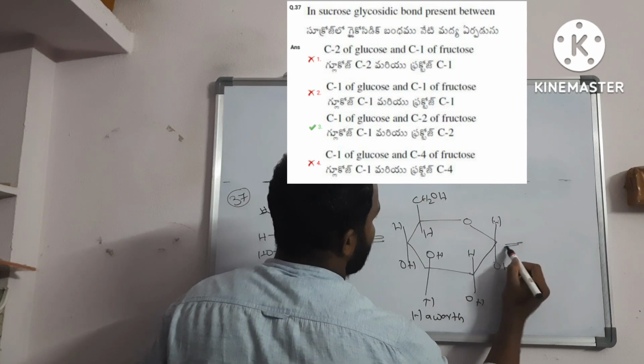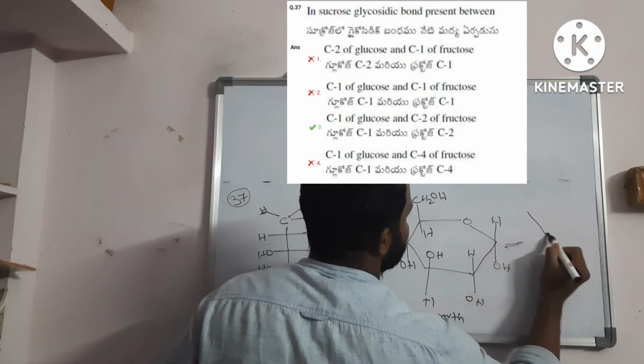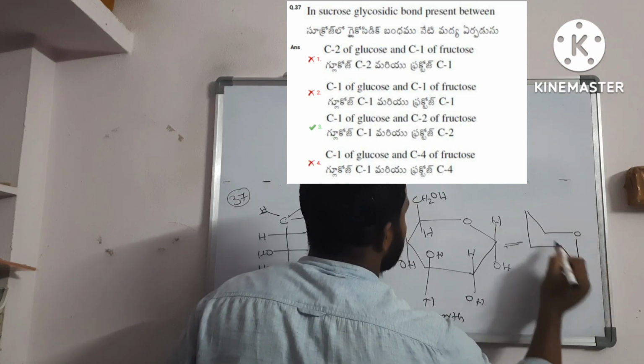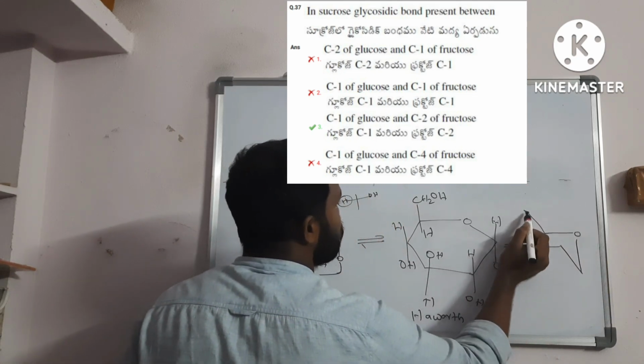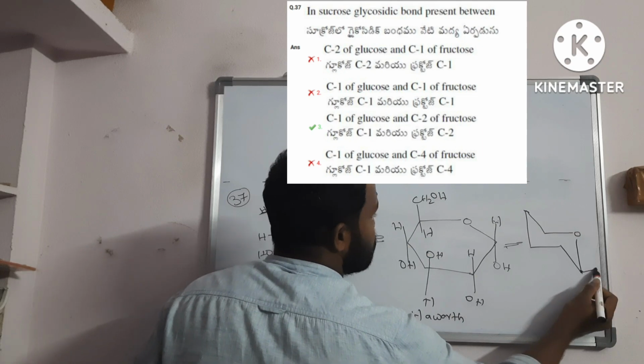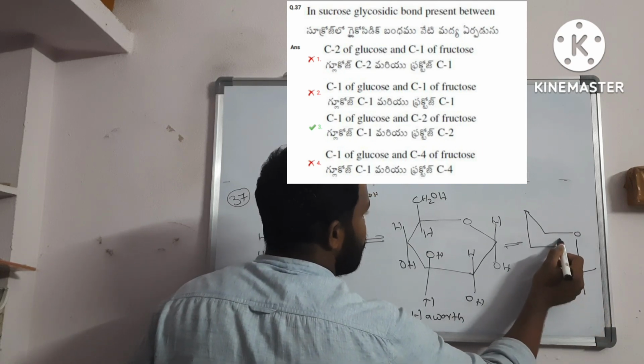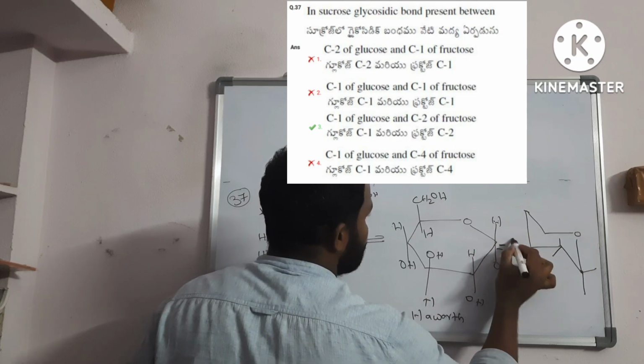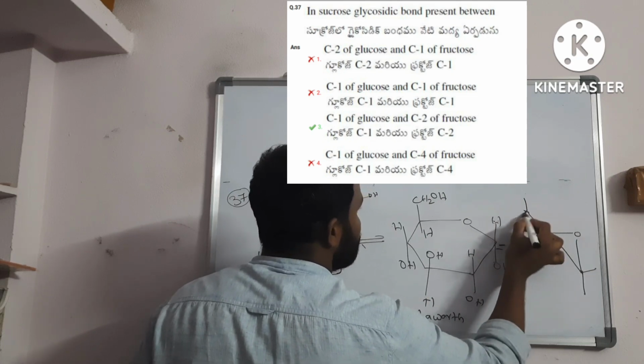If I write the structure in the form of a cyclic model rather than the chain model, this is the cyclic model. This is axial, equatorial. Here also you will get axial, equatorial.